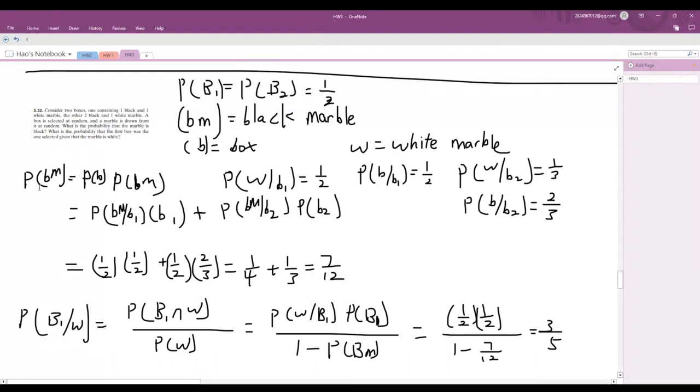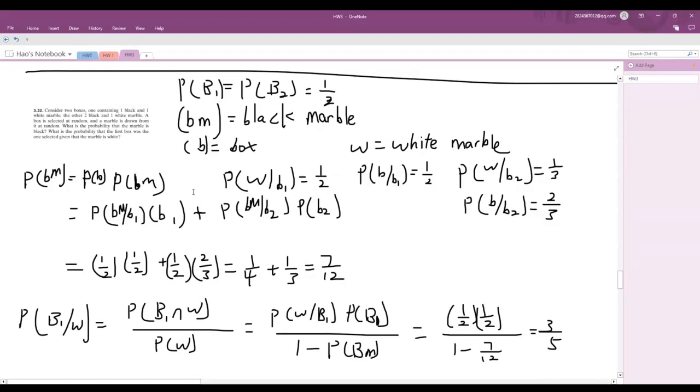That is the probability of each box times the probability of the black marble in that box: the probability of black marbles in box 1 times the probability of box 1, plus the probability of black marbles in box 2 times the probability of box 2. Plugging in the numbers, I get 7/12 as the probability of choosing a black marble.